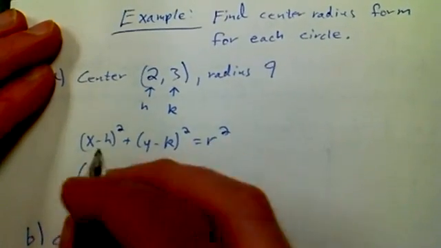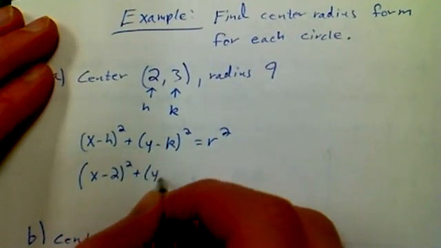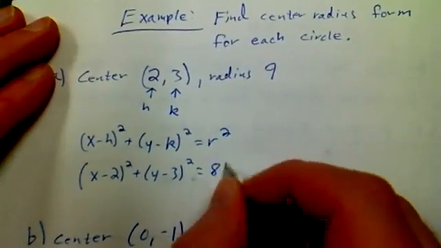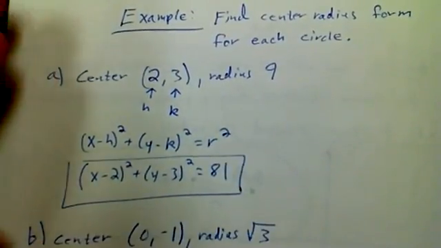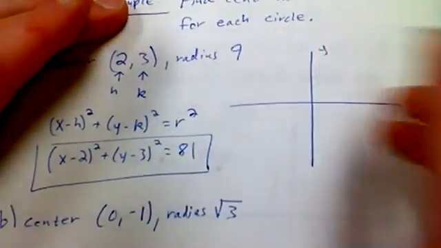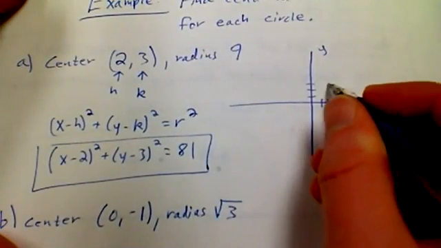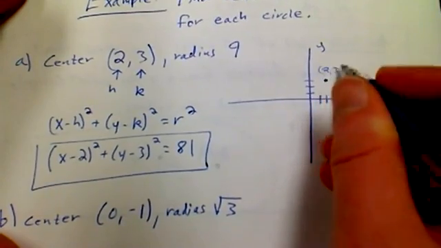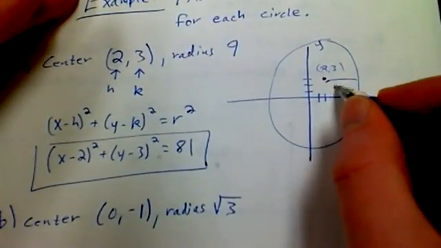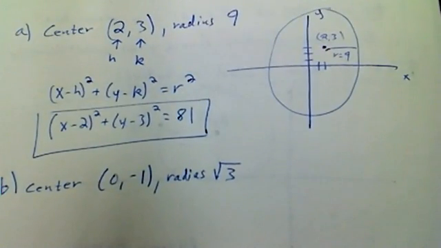So our center-radius form is (x minus 2) squared plus (y minus 3) squared is equal to the radius squared. That's 81 in this case. Okay? And the graph for this, just as a quick rough sketch, would look like this. It's centered at (2, 3). So there's your center, and then it has a radius of 9, so it's somewhere way out here. Please excuse my drawing. I'm not so great at drawing. Okay, so there's the first one.